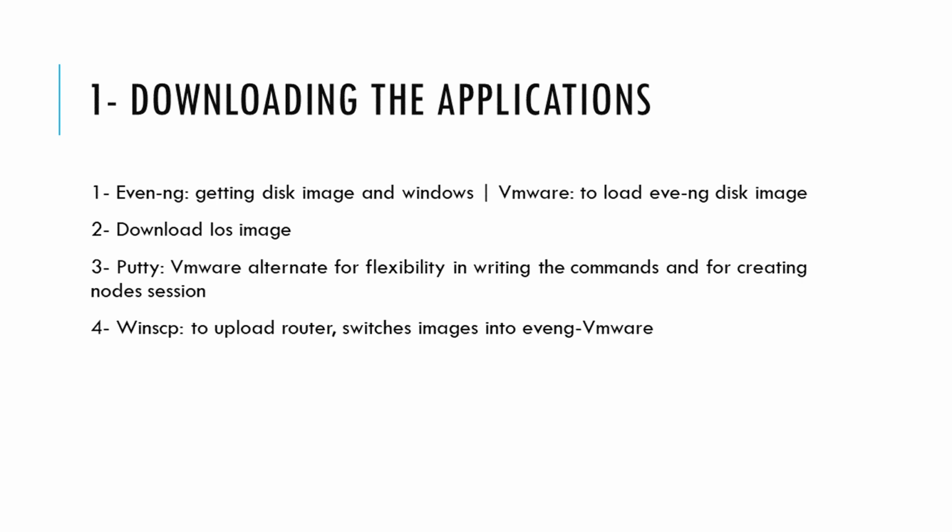So these are the main files that are needed to work the Eveng, except the putty. Putty is usually an alternate version: instead of doing your commands in the VMware, we will be doing them in the putty. So that's everything.